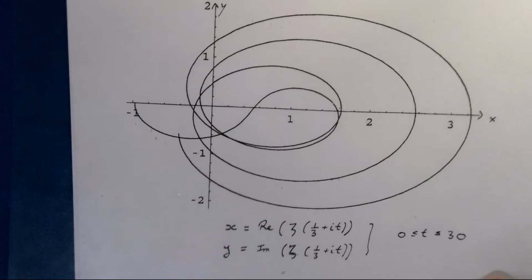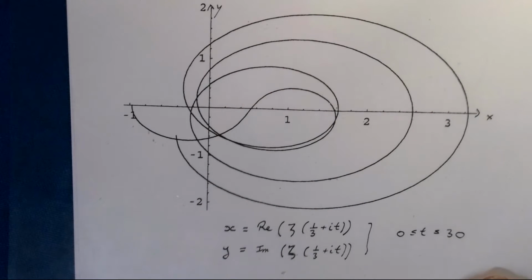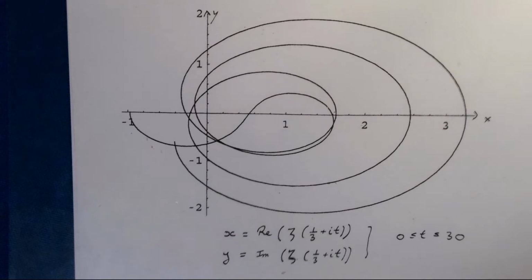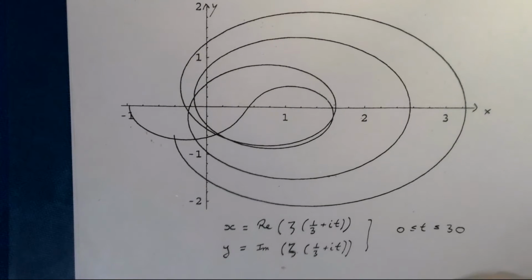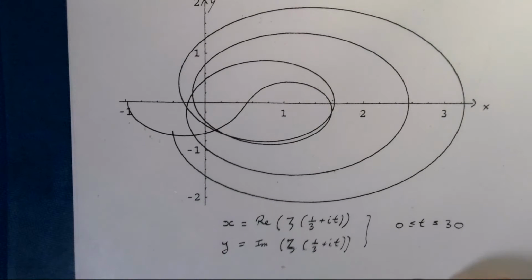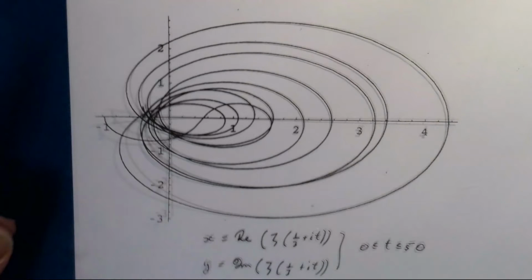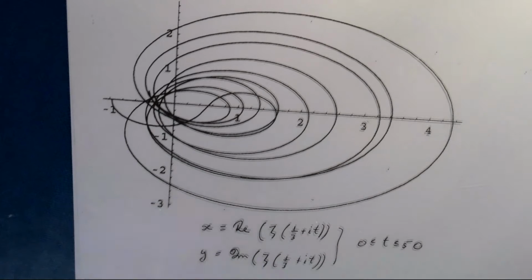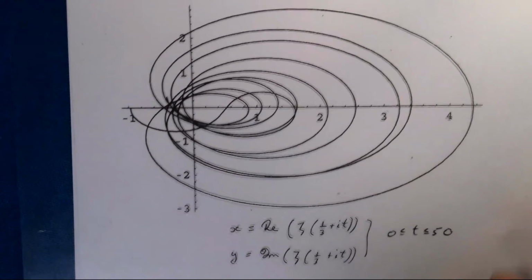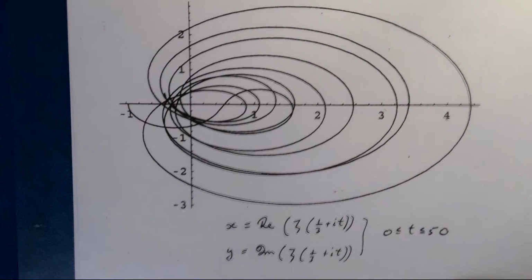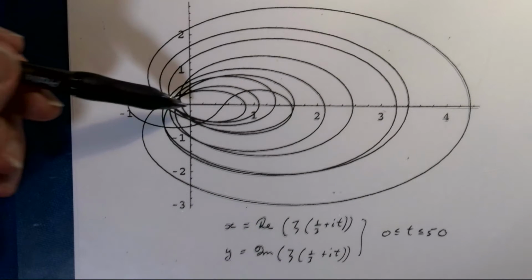Of course these are not proofs, it's just a demonstration of what's happening to this Riemann zeta function along this line, at least for some small values of t, from 0 to 30. Again, to be slightly more dramatic, I did it for t from 0 to 50, and again you can see it's whizzing around the origin, but it's not going through the origin.